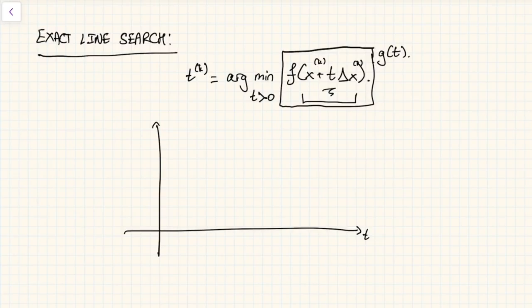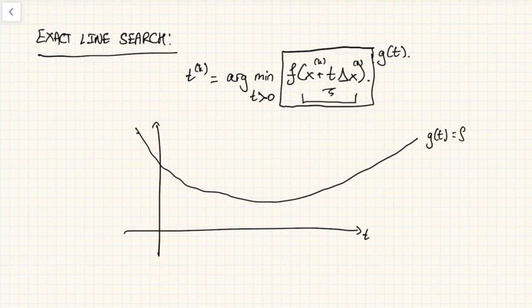So in this case here, g, if I could plot it, let's say your g looks like this. So this is your g, that is f of x plus t delta x. And note that this is a negative gradient in gradient descent. So given that t is positive, you're just reducing f.